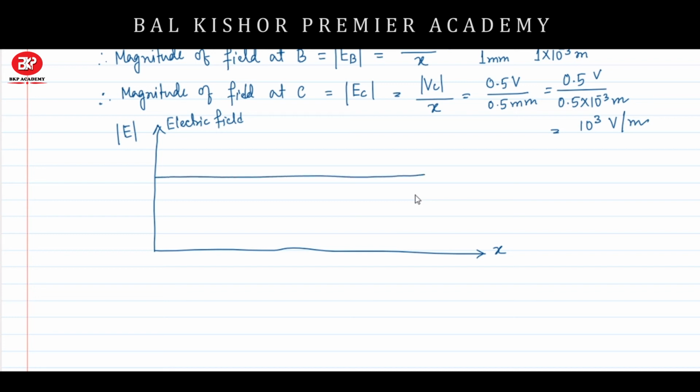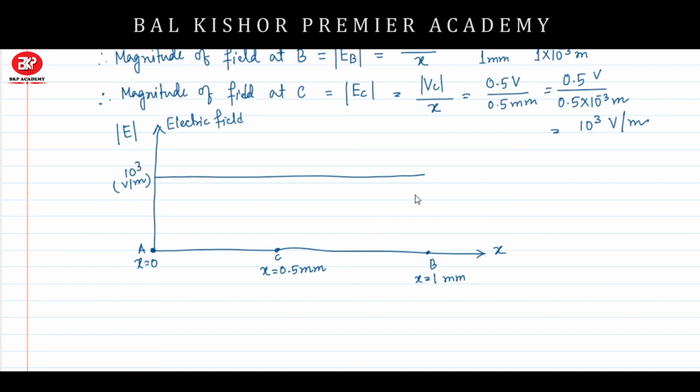It will be constant throughout the bar, where this is x equals 0, this is the A point, this is the C point where x equals 0.5 millimeter, and this is the B point, x equals 1 millimeter. The electric field inside the semiconductor is uniform, and the value is 10 to the power 3 volt per meter.